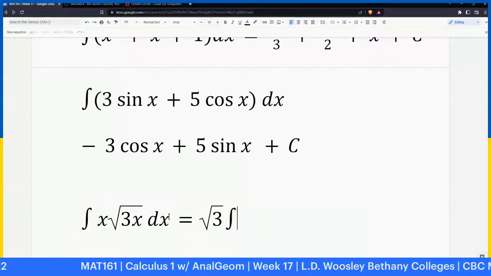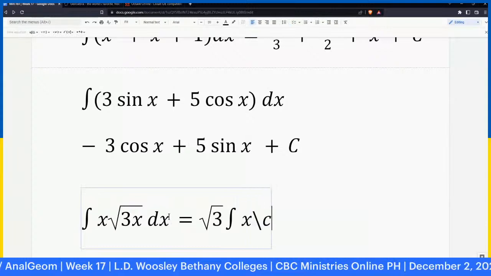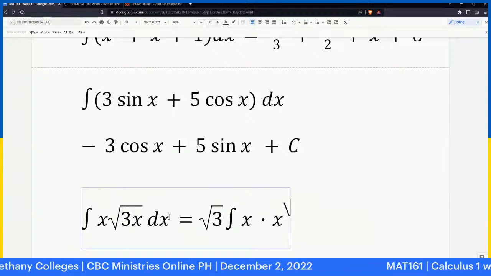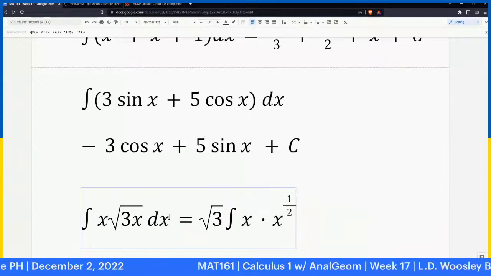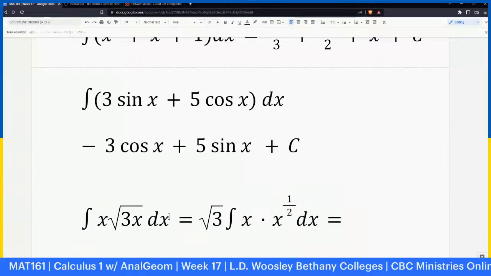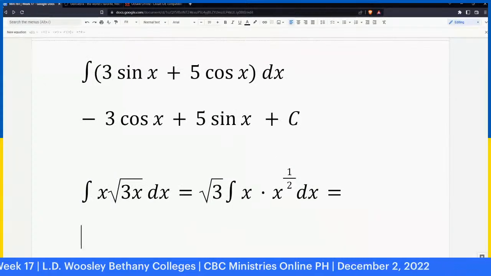So what remains inside is x times square root of x. But I could put this as x raised to 1/2 so that I could just add. Right? So x times x raised to 1/2, guys.